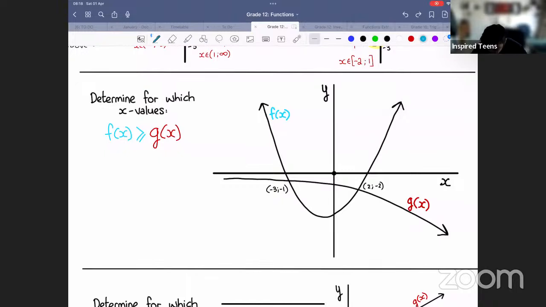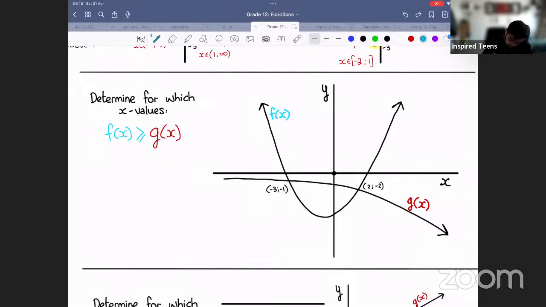Okay, I trust that you guys can see my screen again.